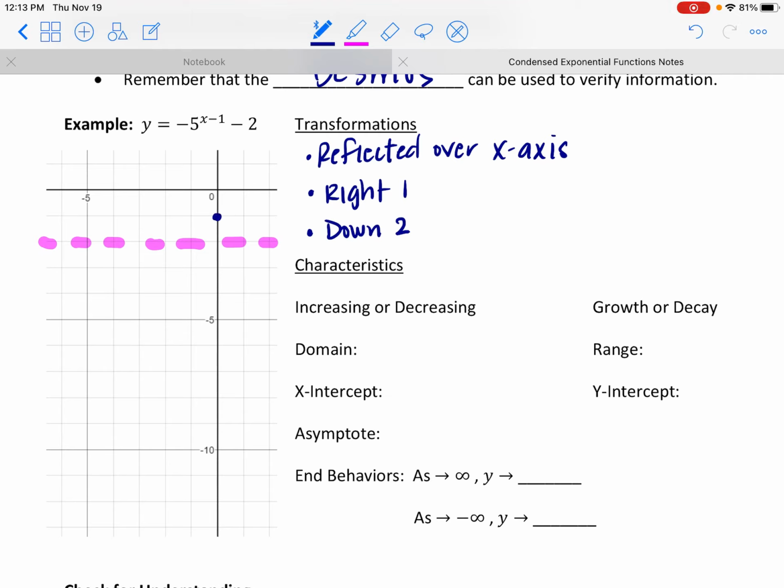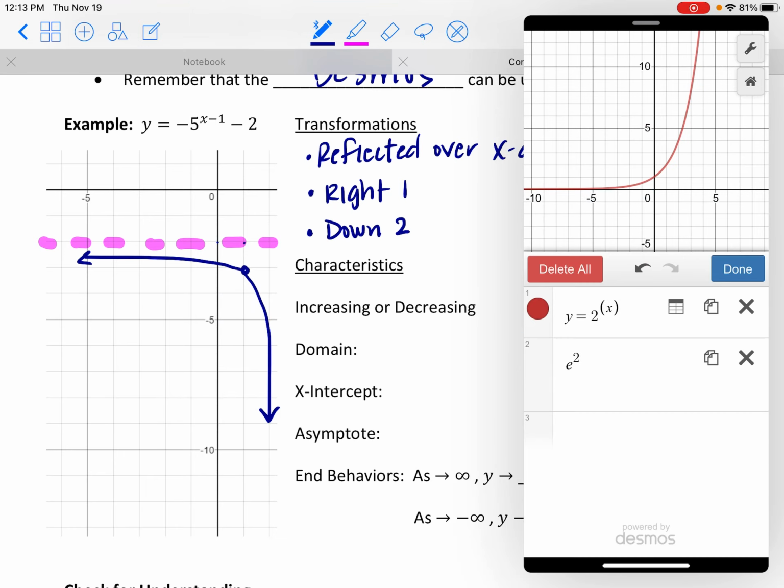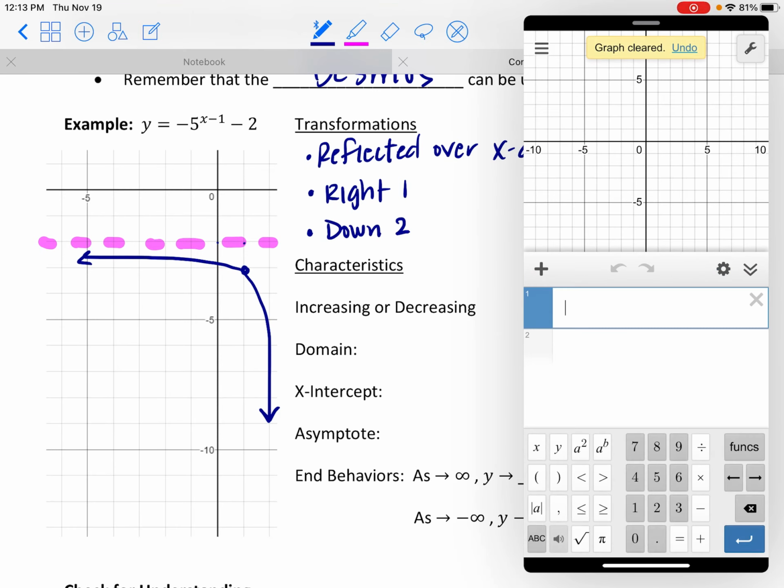And then we shifted right 1 and then down 2 from there. So there's our new point of reference. And then we're just going to sketch this approaching the asymptote and then growing in this direction.